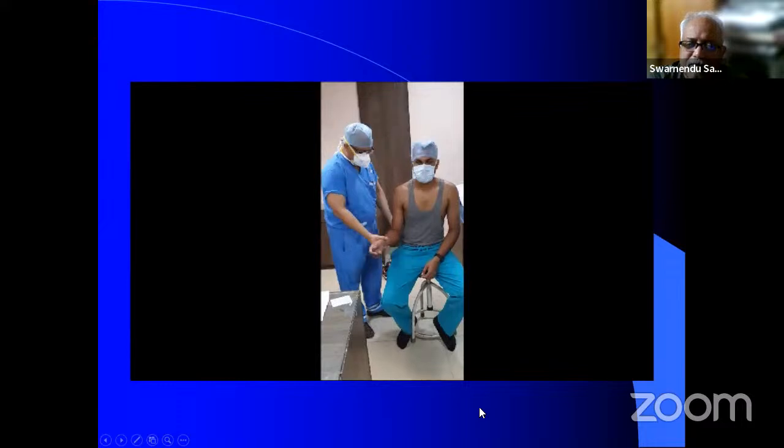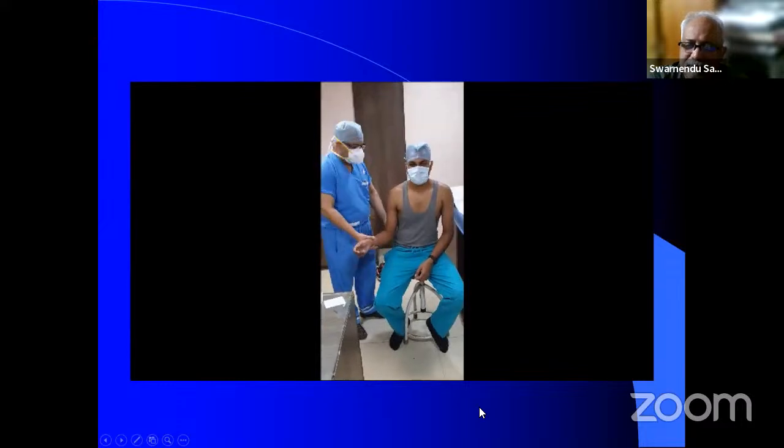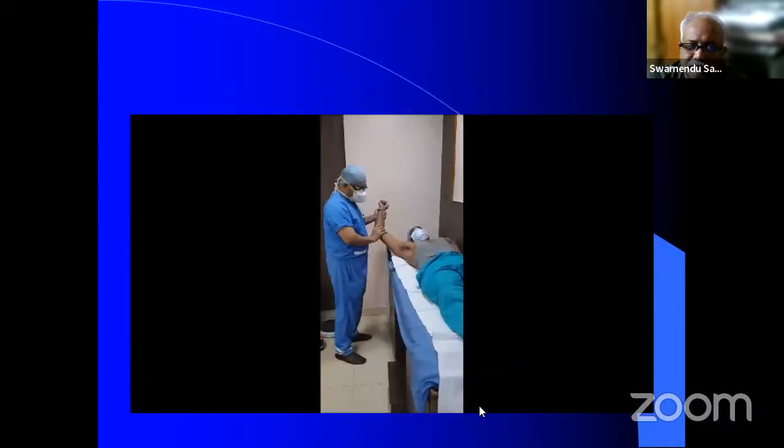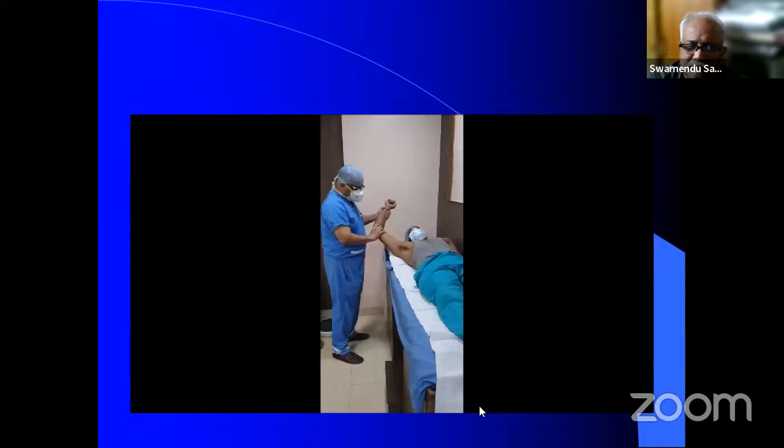The apprehension can also be tested in the sitting position in 0°, 30°, 60°, and also in 90°. Another test is known as the crank test. Basically, the crank test is done in this position in 160° of abduction.